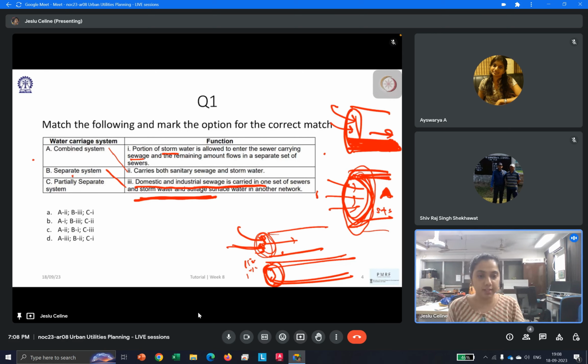But as discussed, in cases of heavy rainfall, this can be a demerit also. It can lead to overburdening of the sewer because of stormwater, and you'll have to design a larger pipeline, which is not needed. So the solution to this is to go for a partially separate system where only a portion of the stormwater is allowed to enter.